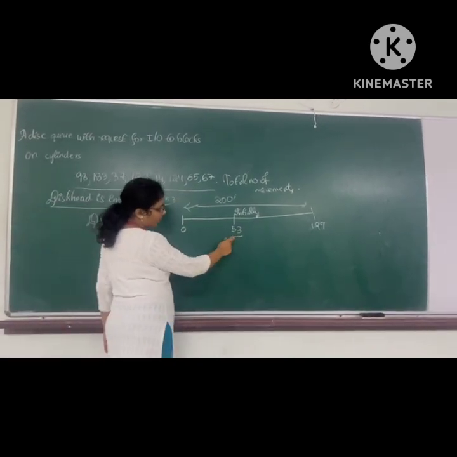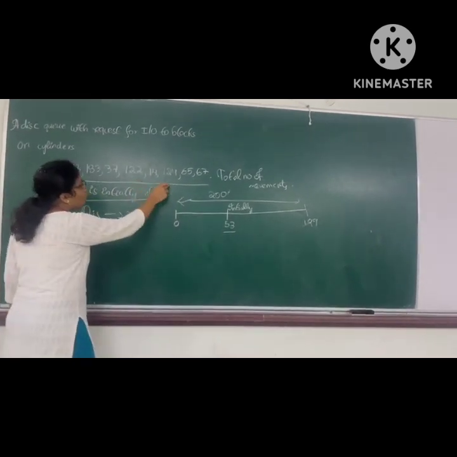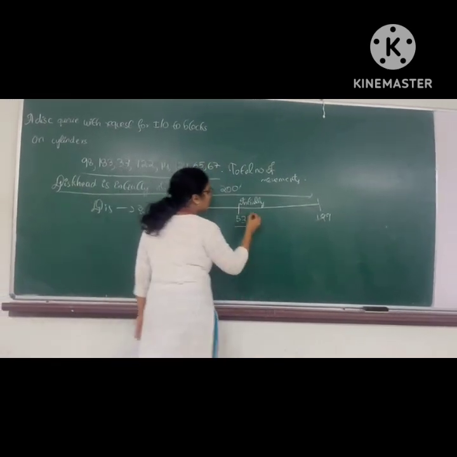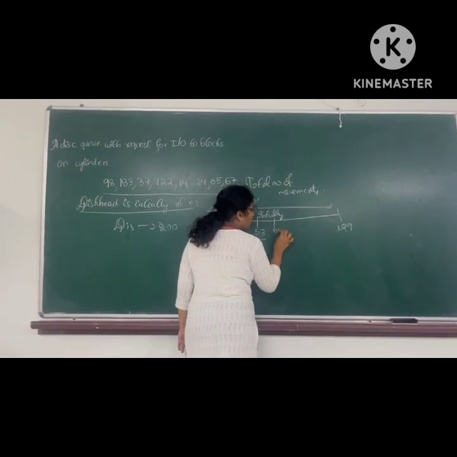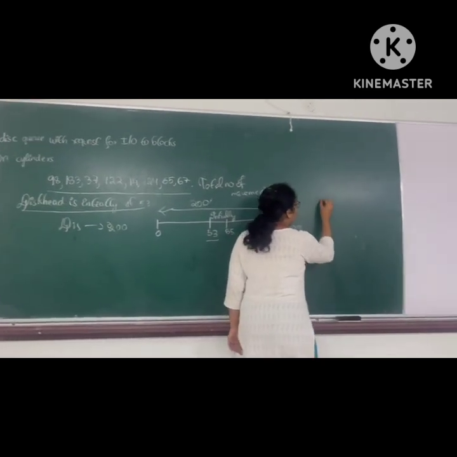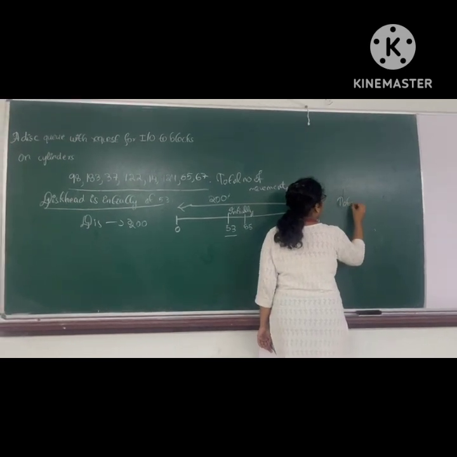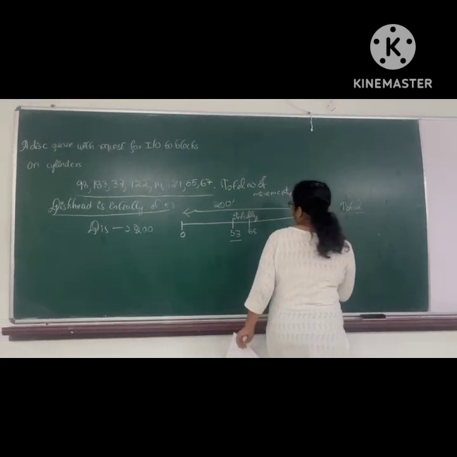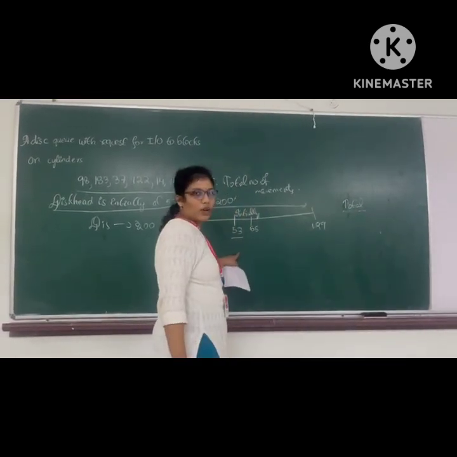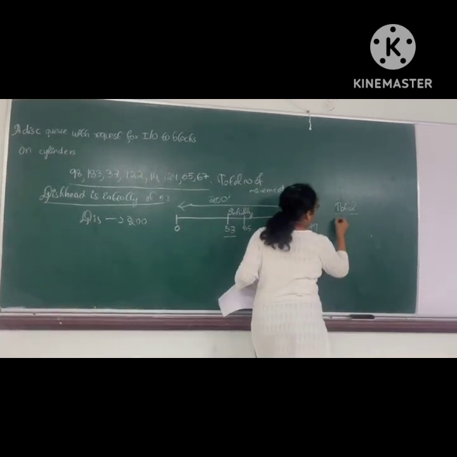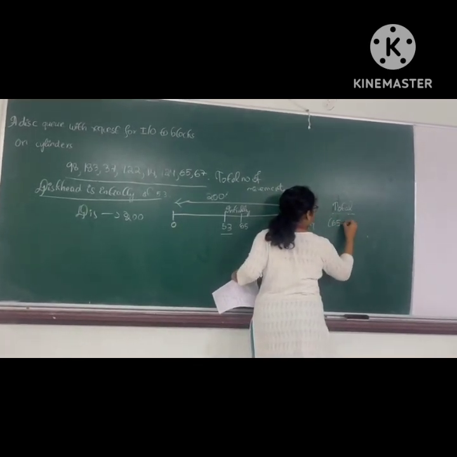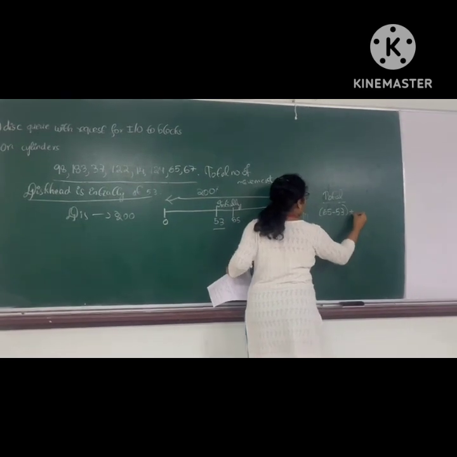For 53, the nearer value is 65. And at the side, we have to calculate the total. Here total means from 65 we have to subtract 53, so 65 minus 53, and plus.